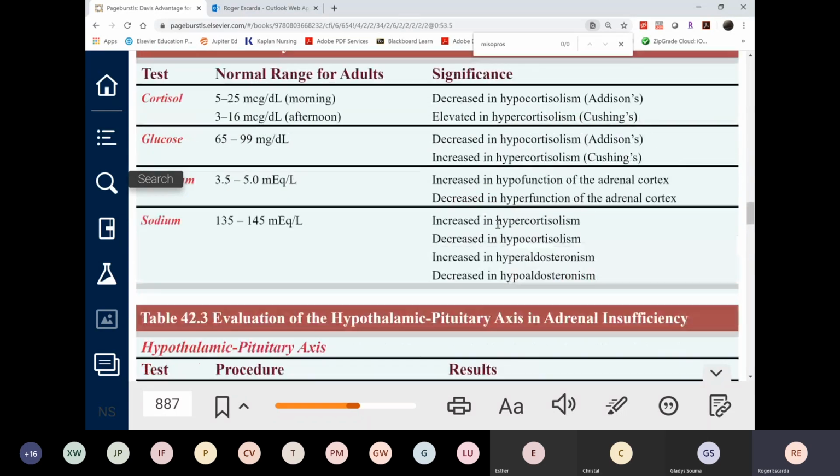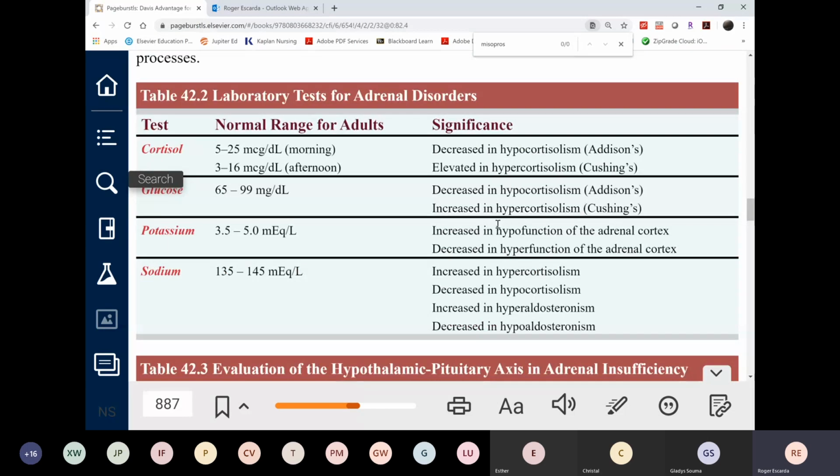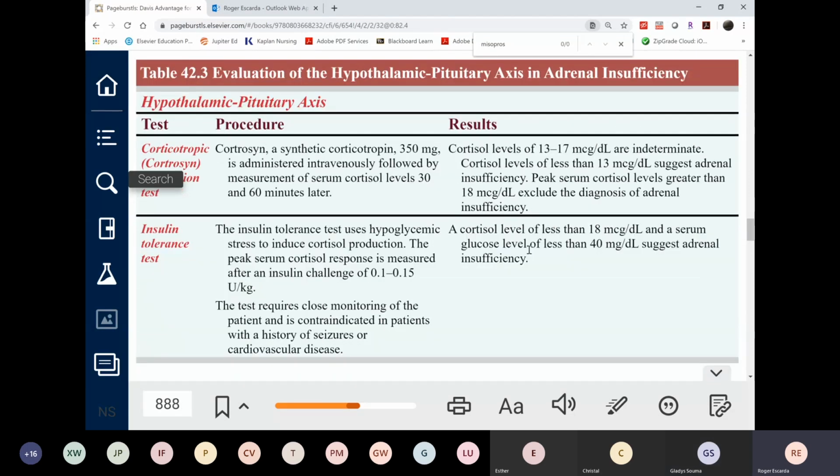On test questions about physical findings and lab findings, students typically get this confused, but the way you remember is just stick with the hormone. What hormone is the problem, and what does the hormone do. That will help you remember what the resulting signs and symptoms will be.